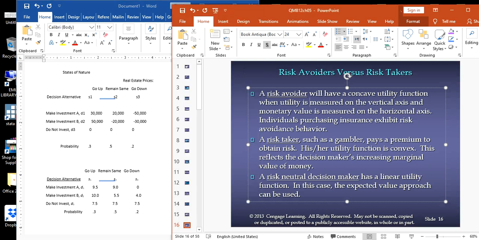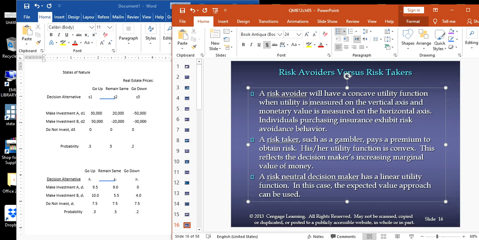And we have risk neutral, like they have a linear utility, just they are not risky and they are not risk averse, just between them.